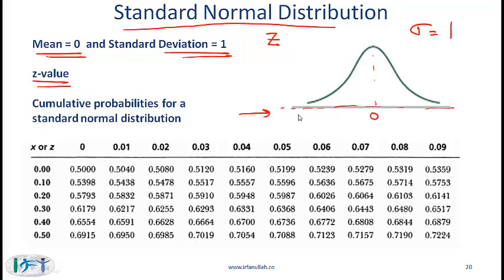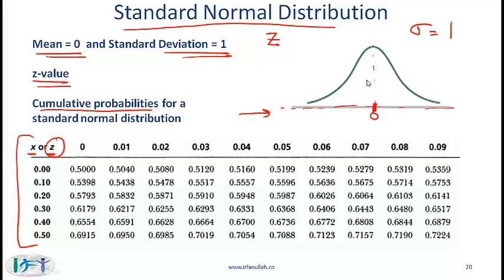You need to learn how to read the probability distribution table, and an excerpt is given over here. The probabilities given over here are cumulative probabilities for a standard normal distribution. Notice that they are calling this x or z. So generally you will see this denoted as a z value. A z value of 0 is this point over here.